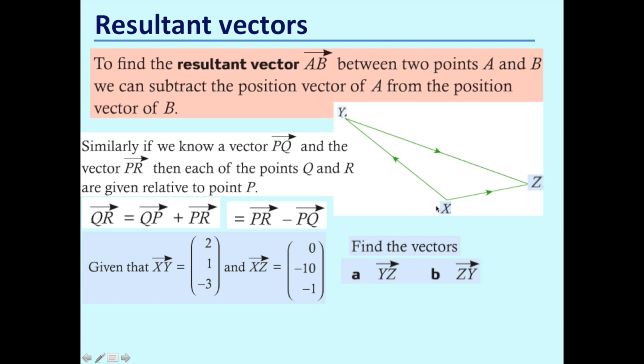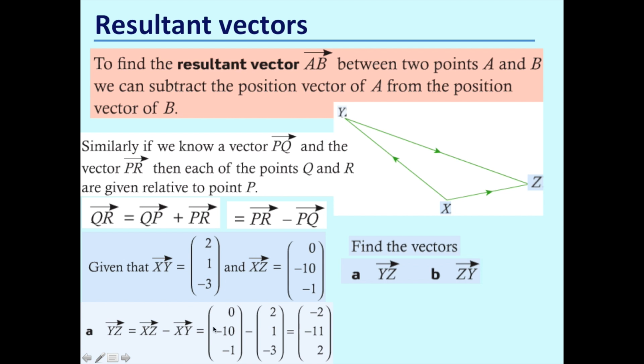YX is the same as negative XY. So we would end up with XZ, which we've got, minus XY, which we've got. So the resultant would be (0, -10, -1) minus (2, 1, -3), which is XY. And if we do that, we end up with (-2, -11, 2).